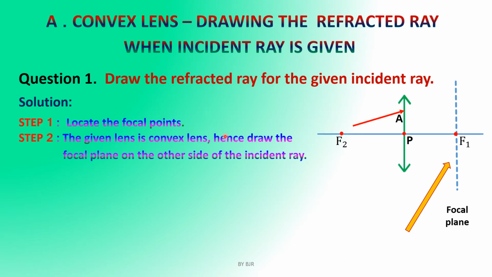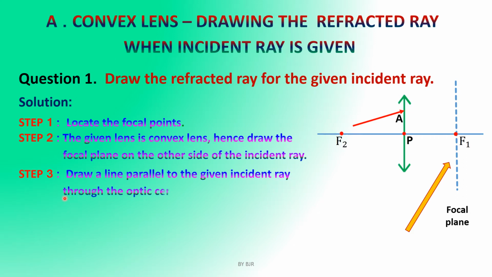Next, step 3. Draw a line parallel to the given incident ray through the optic center. This line meets the focal plane at f dash. See here. This is the incident ray.